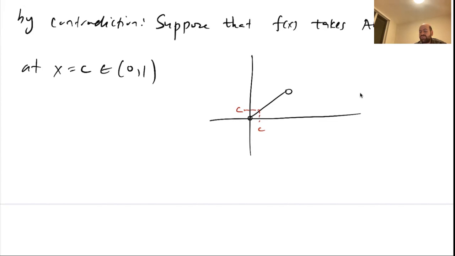So let's say you say c minus 0.1, but c itself is less than 0.1, for example 0.01. Then c minus 0.1 will be outside of the domain. Okay, so we want to find another point inside the domain whose output is smaller than c. That number will be c over 2.